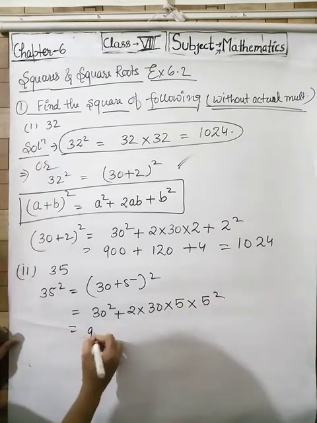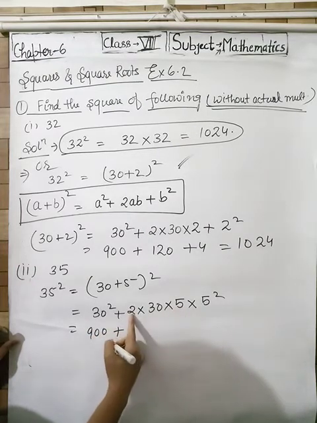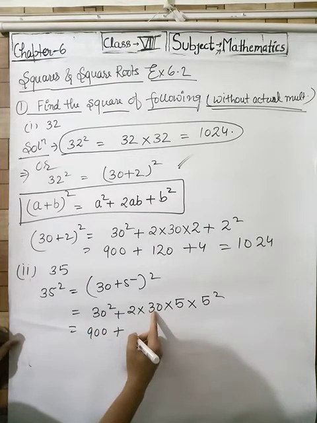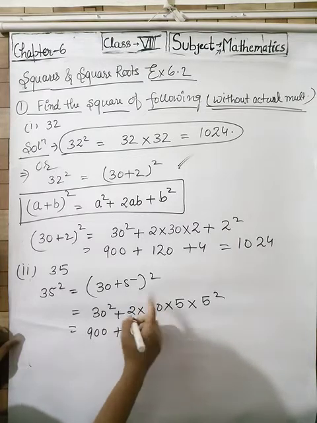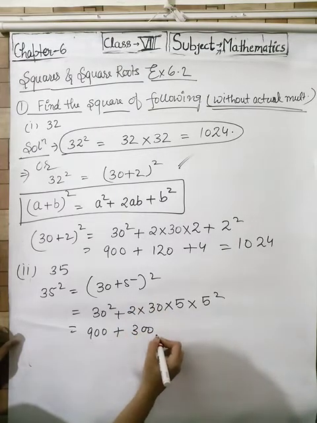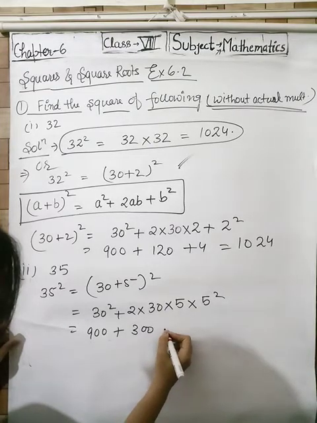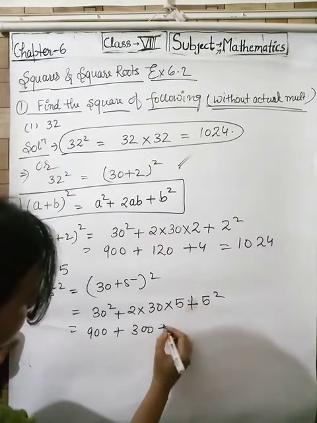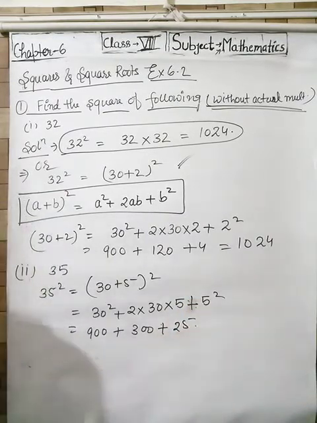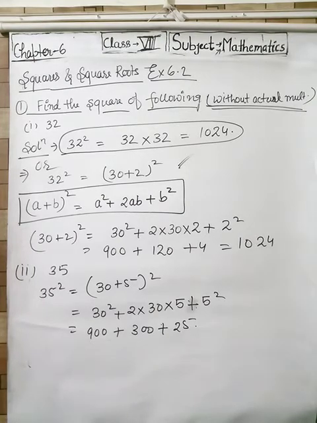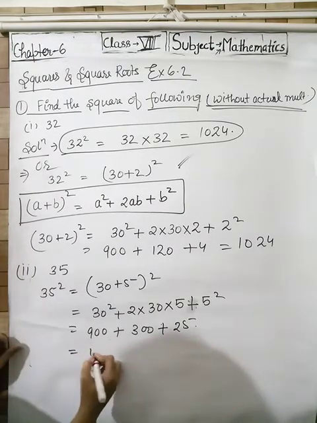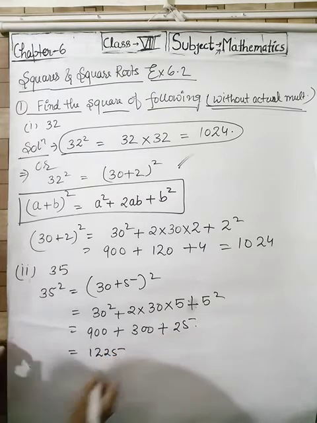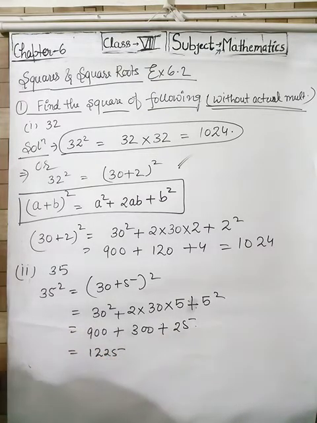It will be equal to 900 plus, 5 2s are 10, 10 into 30 is 300, plus 25. Now add it, you will get 1225.